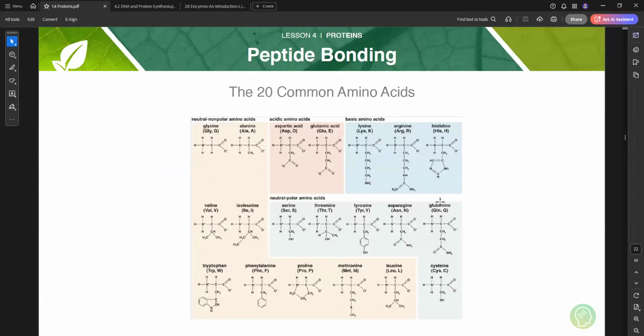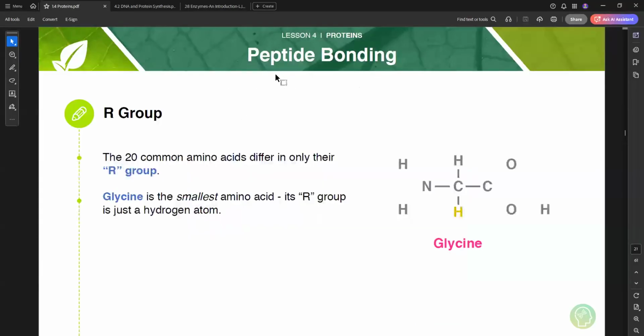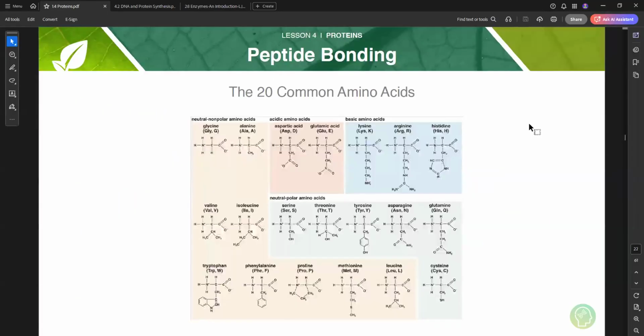Okay, so this is all the amino acids out there. You do not need to learn the different formula for all of them. You need to learn the generalized formula, but you do not need to know all of these. What does chiral mean? Good question. Any of our A-level chemists want to explain what chiral is? Go ahead, Elora.